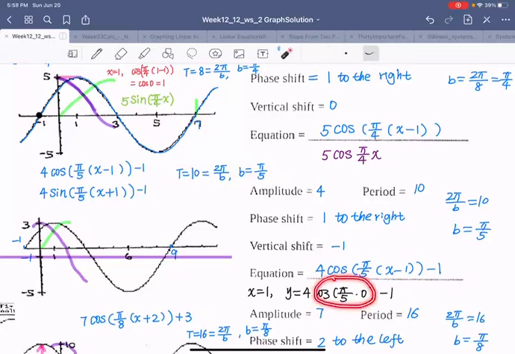Cosine 0 is how much? Ling Lu? Oh, cosine 0 is 1. Very good. Cosine 0 is 1. Cosine pi over 2 is 0. Sine 0 is 0. Sine pi over 2 is 1. Okay? This is 4 minus 1, which is 3. That's what we have here. Yes?